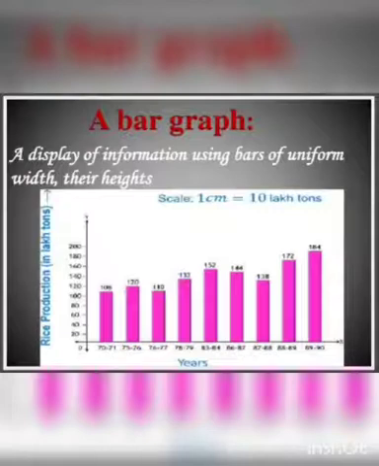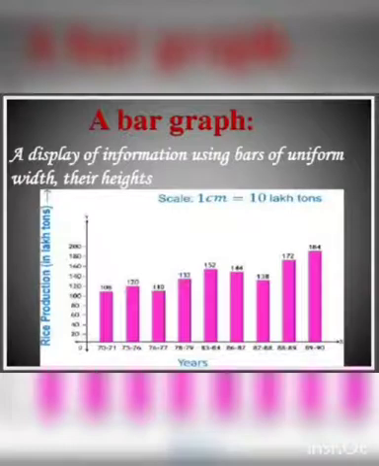Children, this is the example where they are showing the rice production in different years. On the x-axis they have given the years, and on the y-axis they are representing the rice production in lakh tons. So that is the reason we took 1 centimeter equals 10 lakh tons. If we take 2 centimeters, then it will be 20 lakh tons.